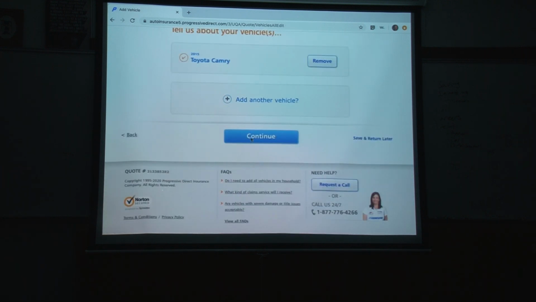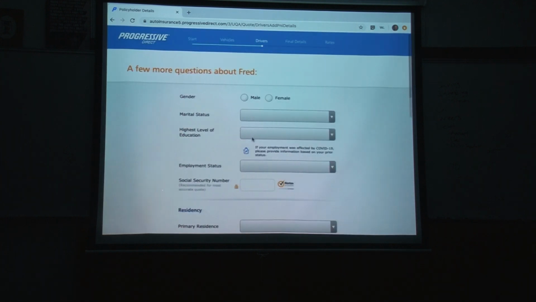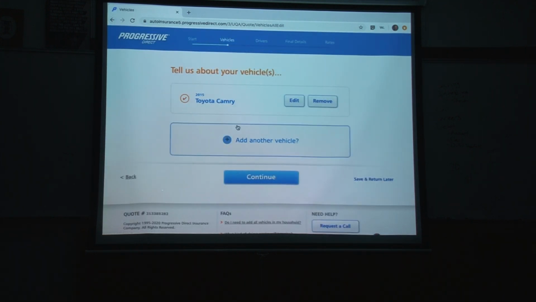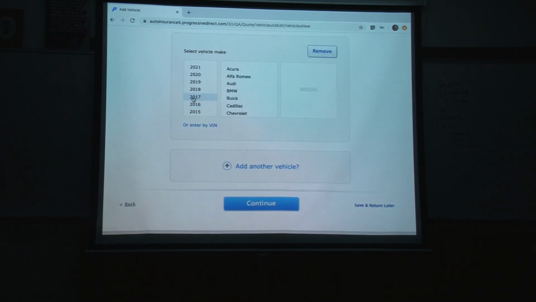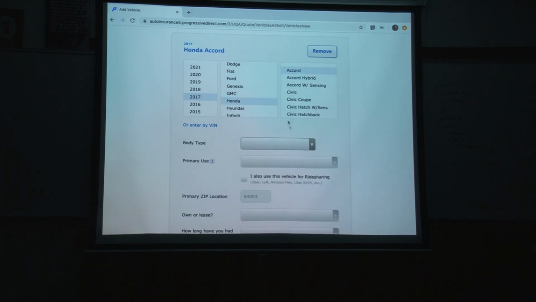All right, so we're going to add a second vehicle. We're going to add another vehicle, and let's do a 2017 Honda Accord.